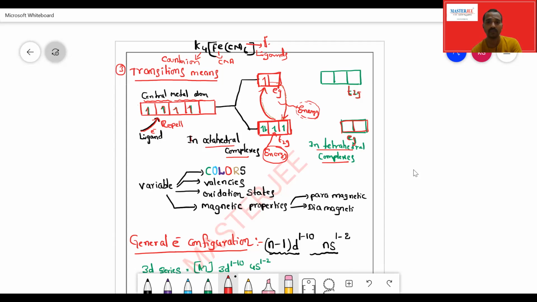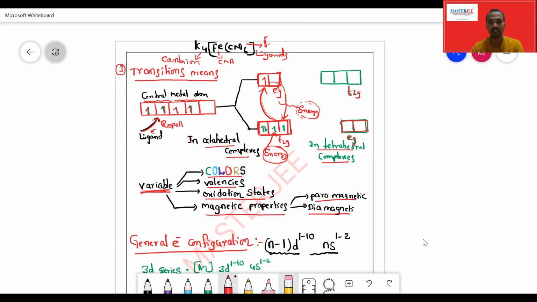That means this migration of electrons is nothing but transition. Due to the transition, d block elements exhibit variable colors, variable valencies, variable oxidation states, and variable magnetic properties. Variable magnetic properties means paramagnetic property, diamagnetic property, and such different properties.